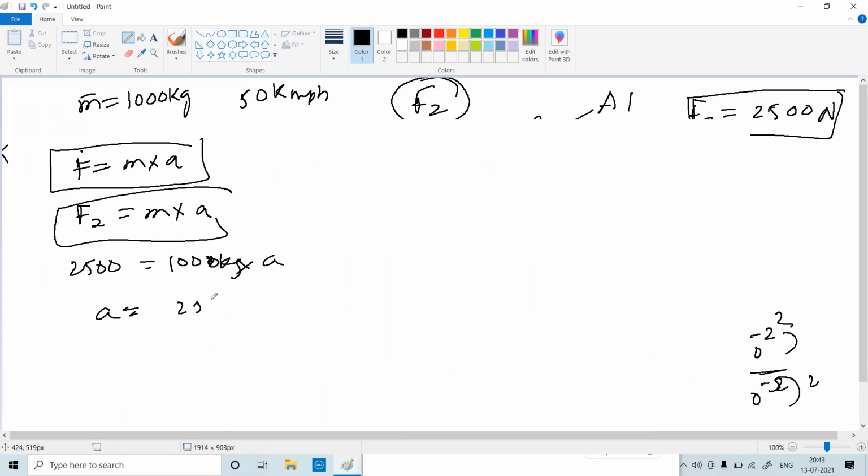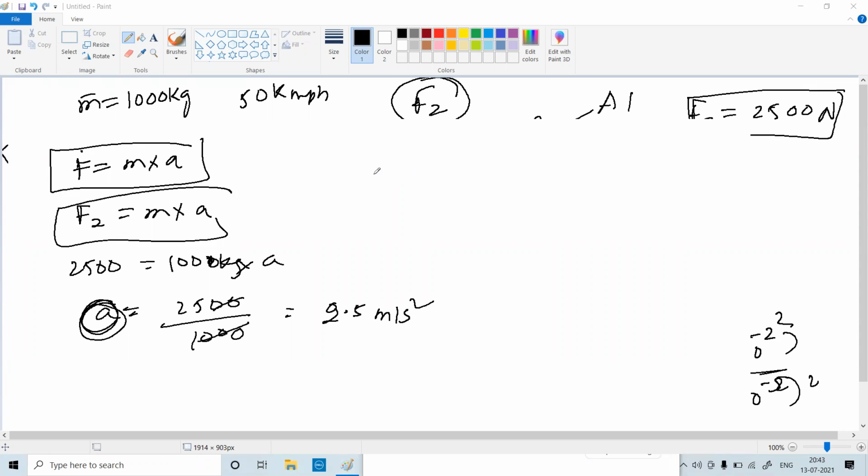Your A will be 2500 by 1000, which is equal to 2.5 meter per second square. Did you understand? This is the acceleration which will be produced immediately after the brake is applied.